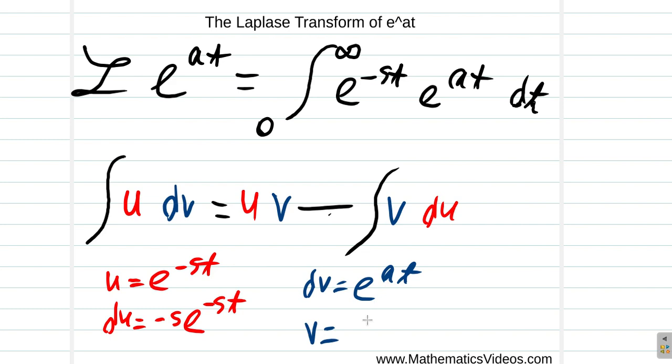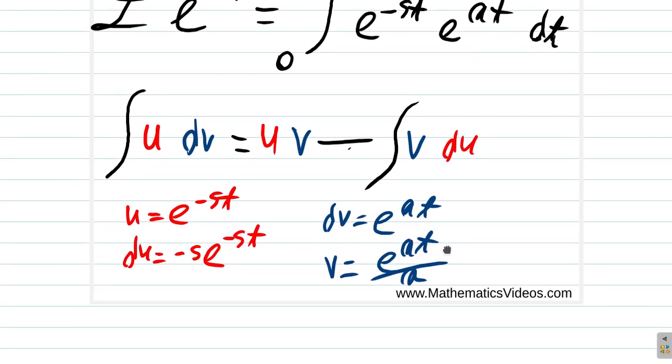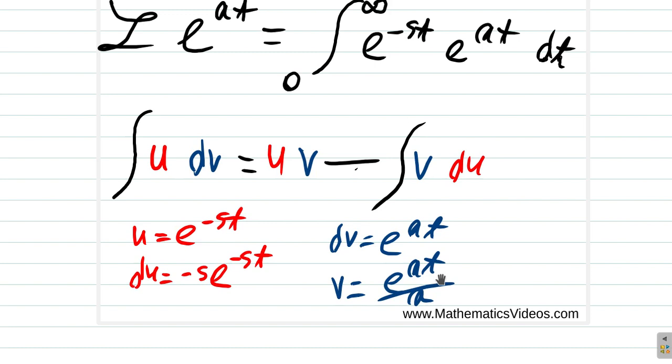Integration by substitution would give us e to the at over a. For the chain rule and the integration by substitution, you could pause the video and work it out separately, and you will see that it gives you e to the at over a.